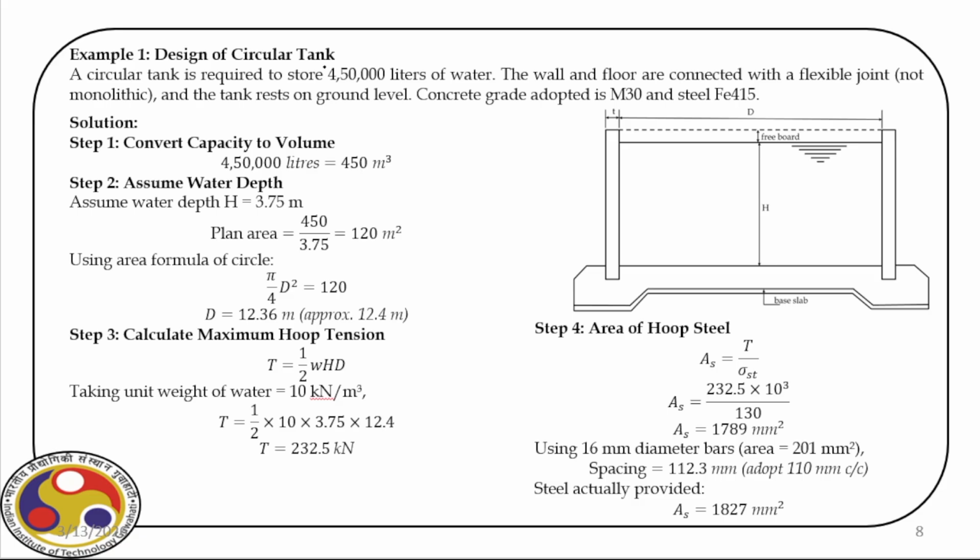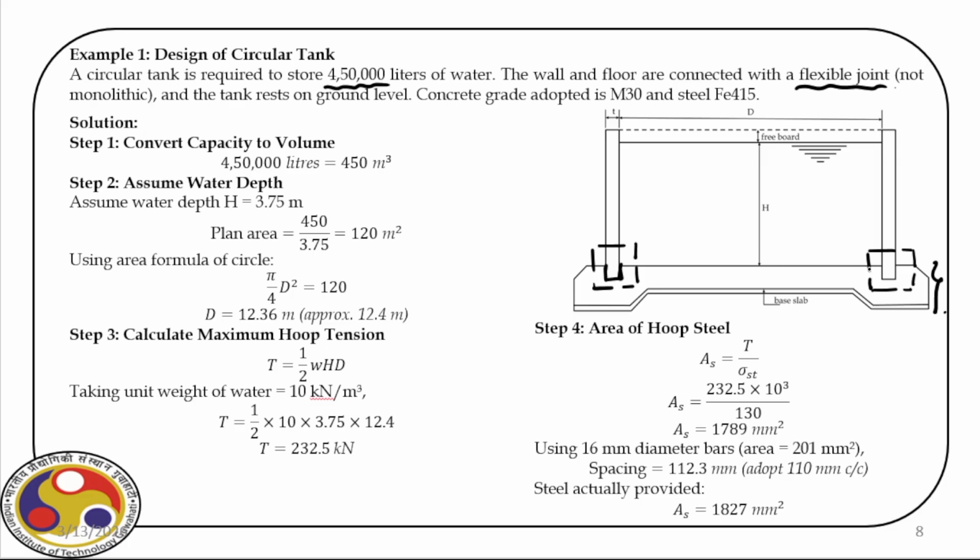Let us design a tank. It will provide a storage of 4.5 lakh liters of water. The wall and floor are connected with a flexible joint, just note it. And you can see the diagram here, which shows that we have a base with the ends thickened, and here at this location the side walls are just placed in this groove.